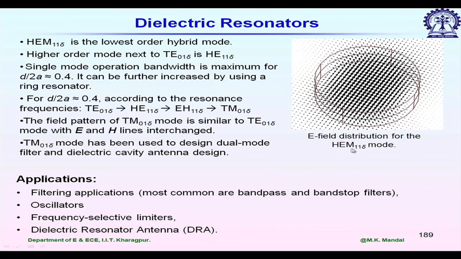For the next higher order mode, HEM11 delta mode, the electric field plot is shown here. You can see the electric field has a maximum at the center, on the axis of this cylinder. So, if I drill one air via, it is going to affect this HEM11 delta mode the most.